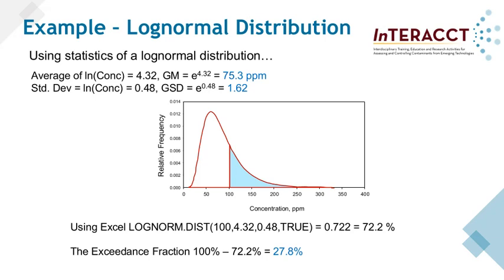Again, we're interested in the probability of workers above 100, and therefore we end up with 27.8% as the exceedance fraction. This case therefore produced an exceedance fraction using the probability approach that was very similar to the one using the crude approach on the previous slide.